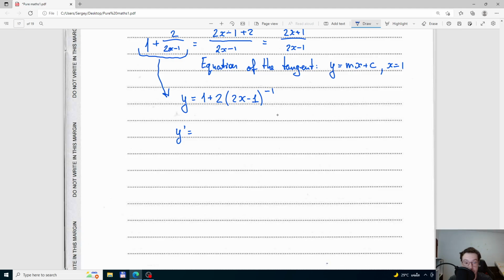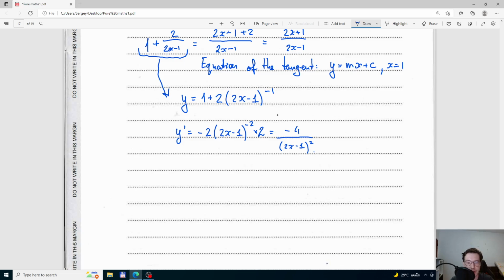Okay, derivative of 1 is 0, so it means 2 times the power minus 1. I got 2x minus 1. Subtract 1 from the power, I got minus 2, times the derivative of the inside function, which is 2. That gives me minus 4 over (2x minus 1) to the power of 2.